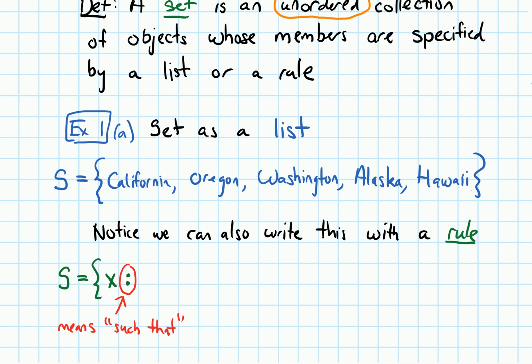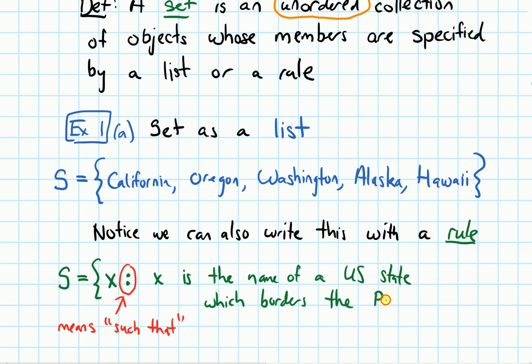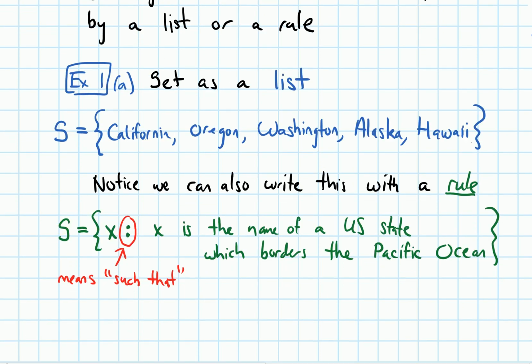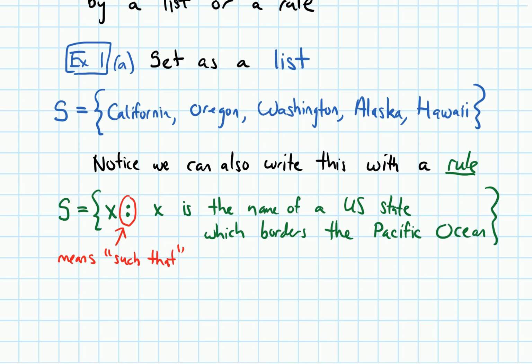And then I'm going to say X is the name of a US state which borders the Pacific Ocean. So that is a common unifying thread to all of these objects, all of these 5 states that are listed here.